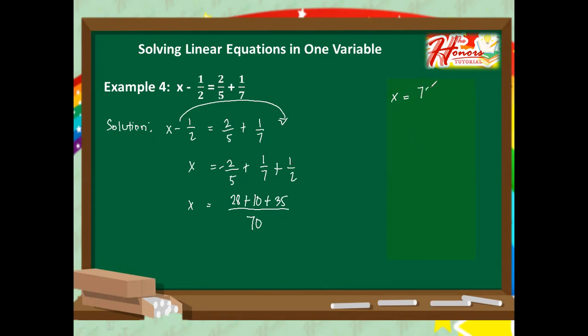So 73 over 70. So that is your x. Are we going to change it into a mixed number? No. Just think of a number that can divide 73 and 70 at the same time without remainder. But in this case, we cannot think of any number, so therefore, this is the final answer. Because there's no number that can divide 73 and 70 at the same time without remainder.